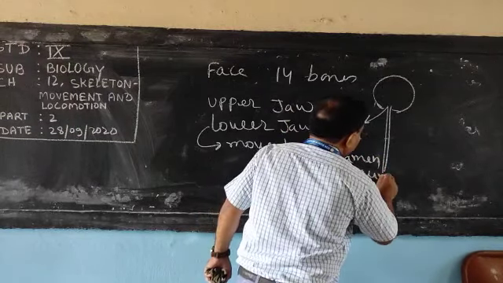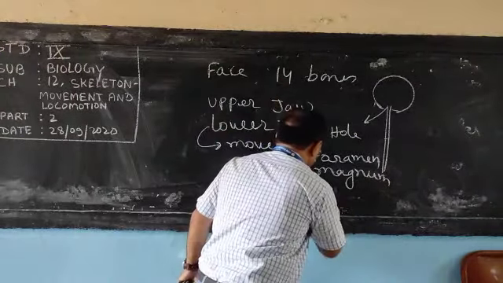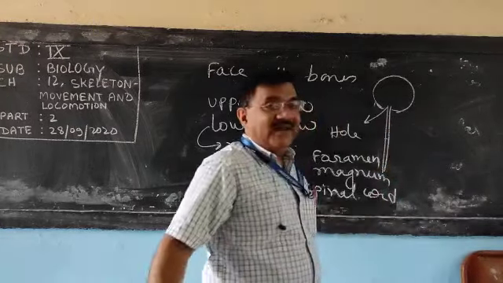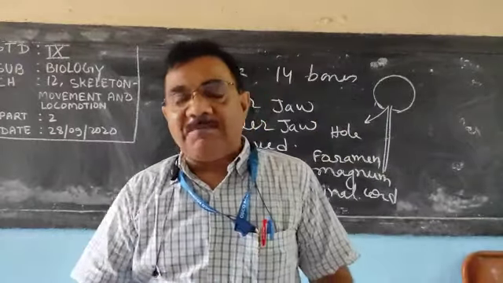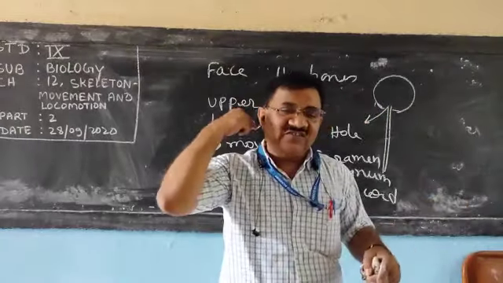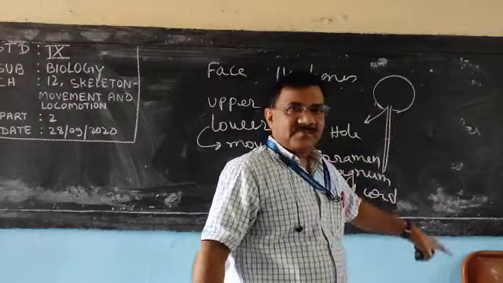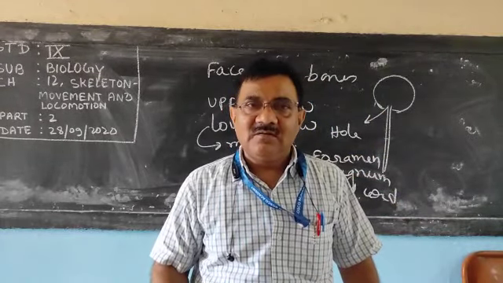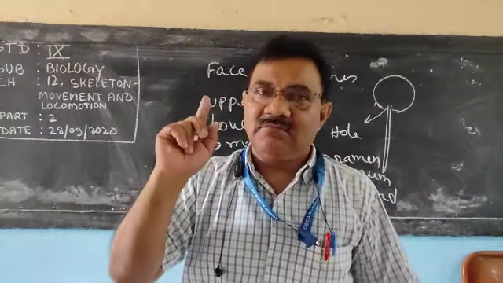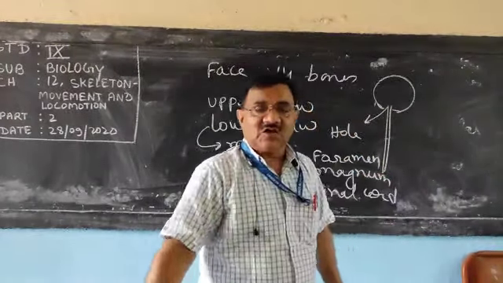And through this foramen magnum only, the spinal cord passes from the brain to the vertebral column, or backbone.